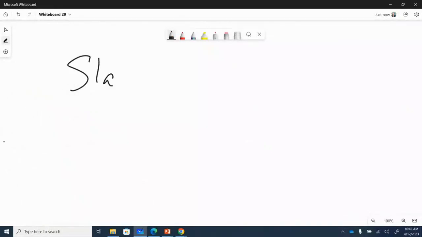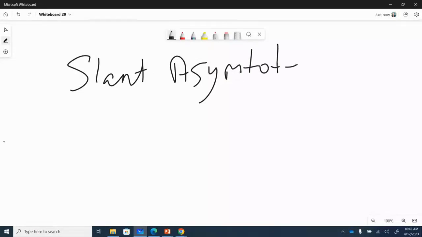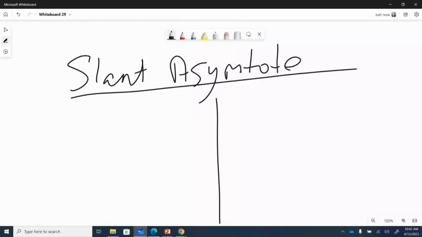Slant asymptote. And this kind of asymptote can look like this.